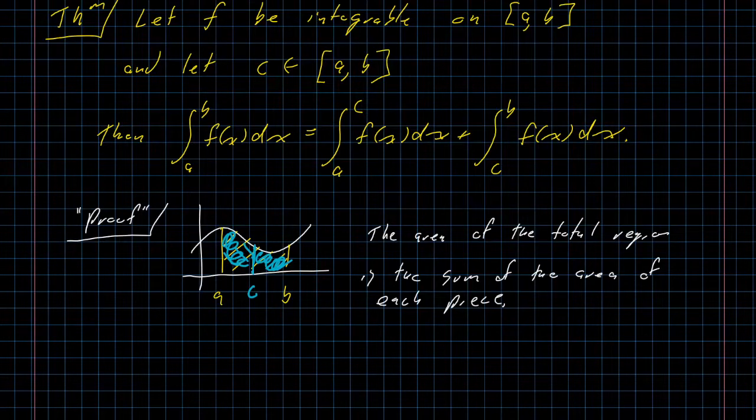The area of the entire region is the sum of the areas of each piece. Not exactly a mathematical proof, but I think it gets the point across, and I think that visual is more important at our current level than anything else we might want to do.